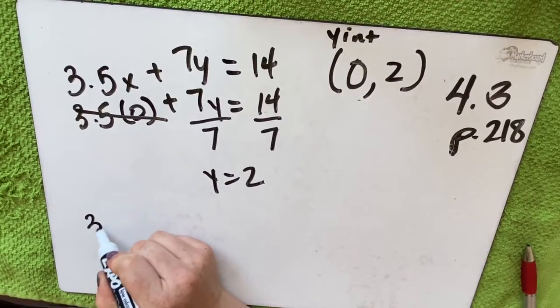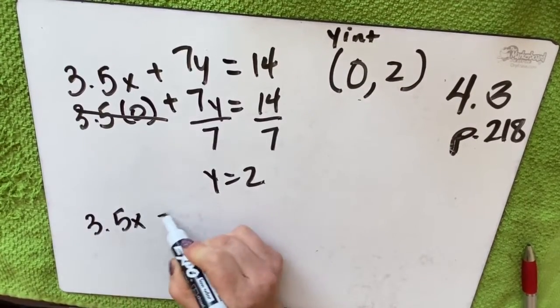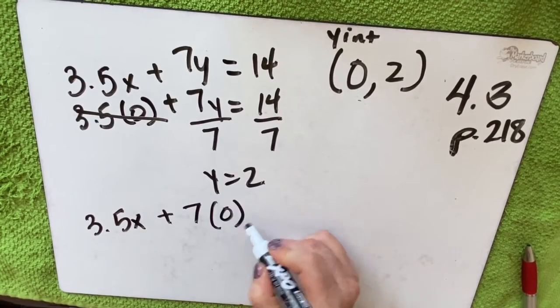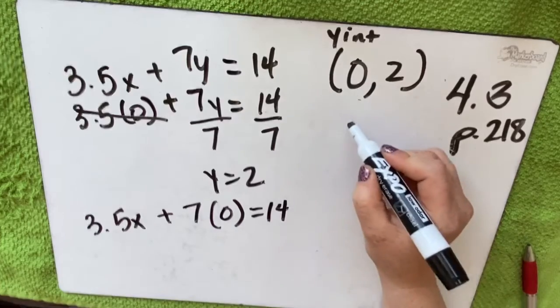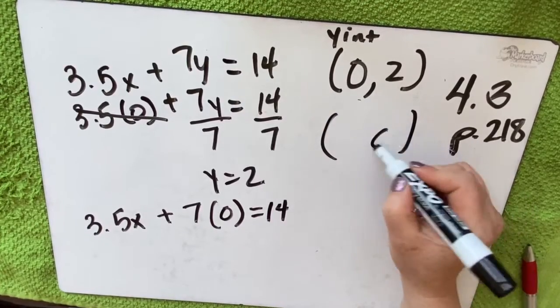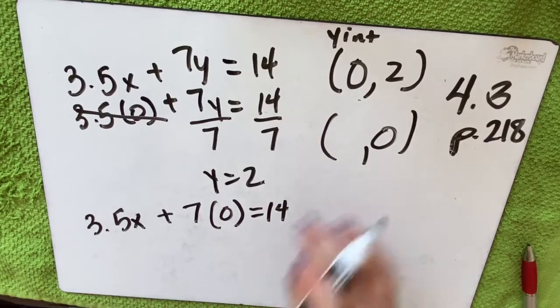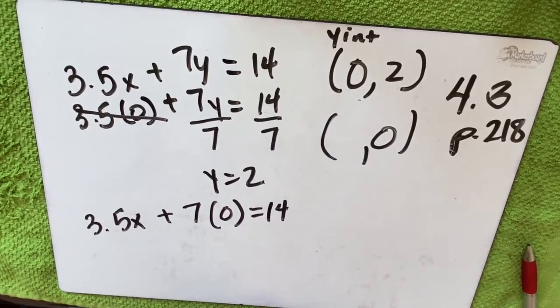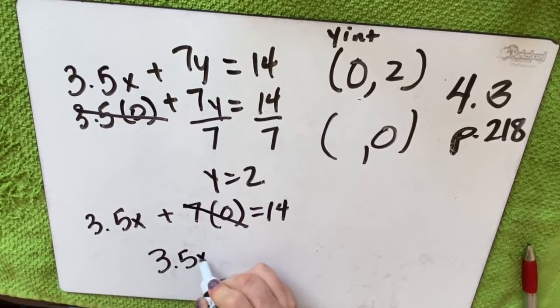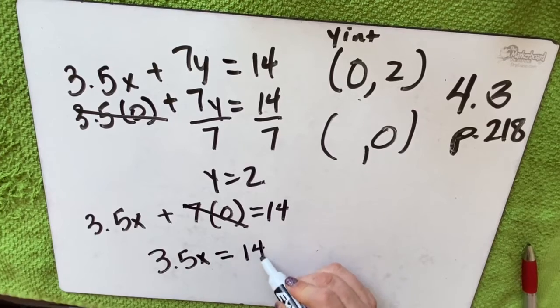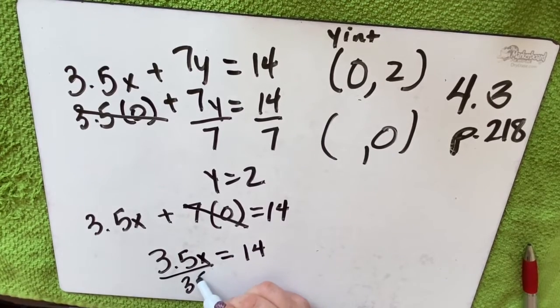Okay, next one, 3.5x plus 7 times 0 equals 14. So now this one, we put 0 in for y, and we're going to figure out what the x is. So that's 0. So now I have 3.5x equals 14. Well, you divide by 3.5 and divide by 3.5.